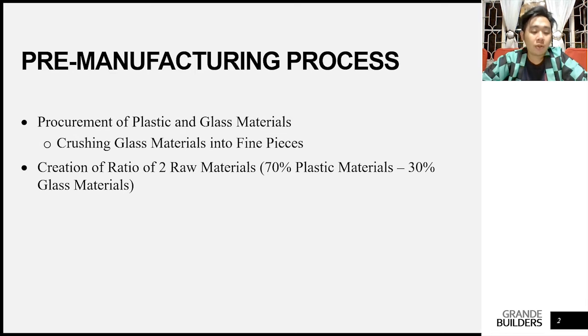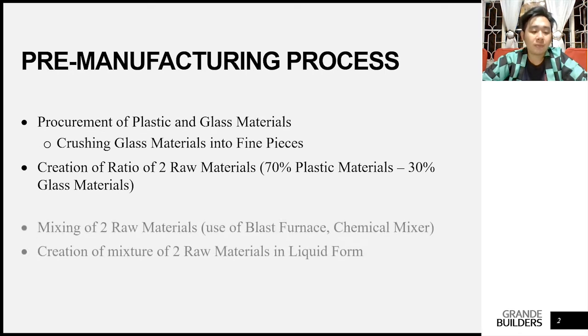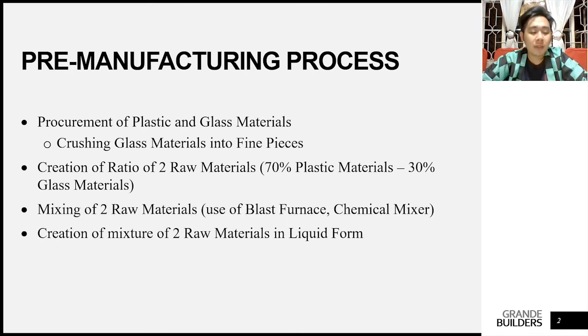Another is the creation of the two materials that has a ratio of 70% plastic materials and 30% glass materials. After this, if the mixing of these two raw materials is going to be used, it is going to be prepared in a blast furnace, or most likely a chemical mixer.